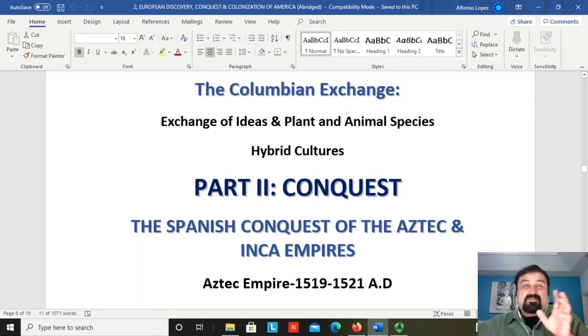For example, cattle, the horse, hens, pigs, goats, sheep. Those animals were not present in America, and they're going to become part of the diet, if you will, of the landscape, of the geography of America.